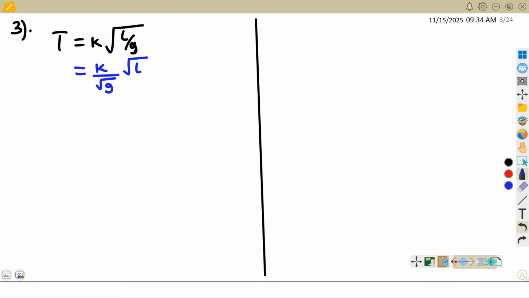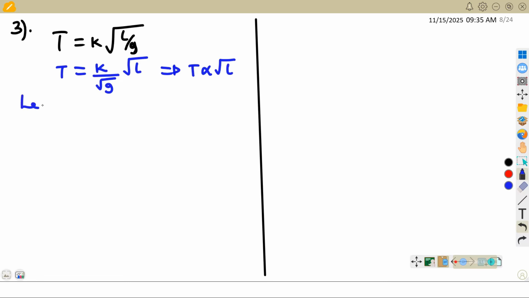Looking at this, you realize that k divided by the square root of g is a constant value. So it implies that T is proportional to the square root of L.